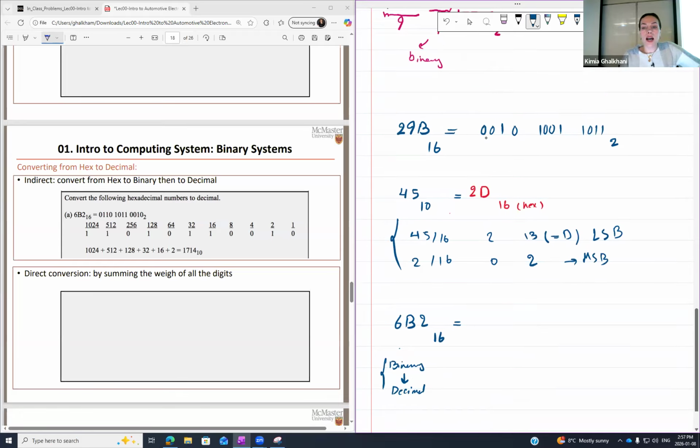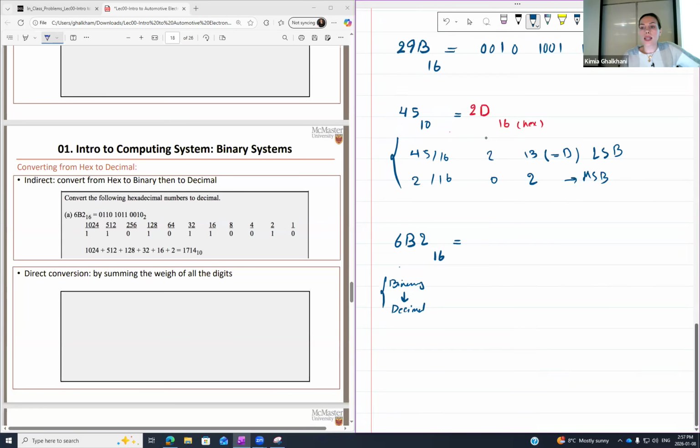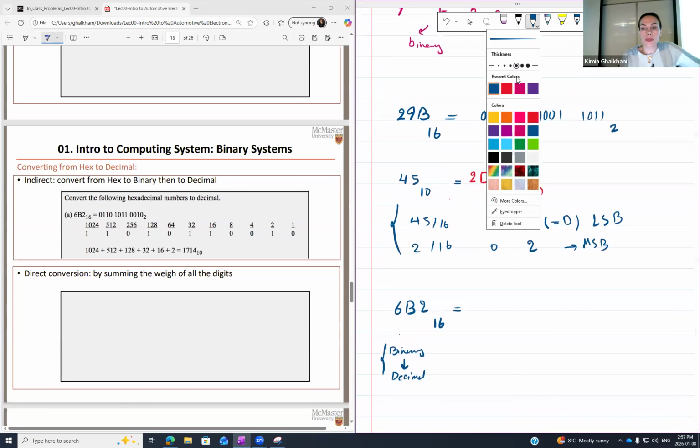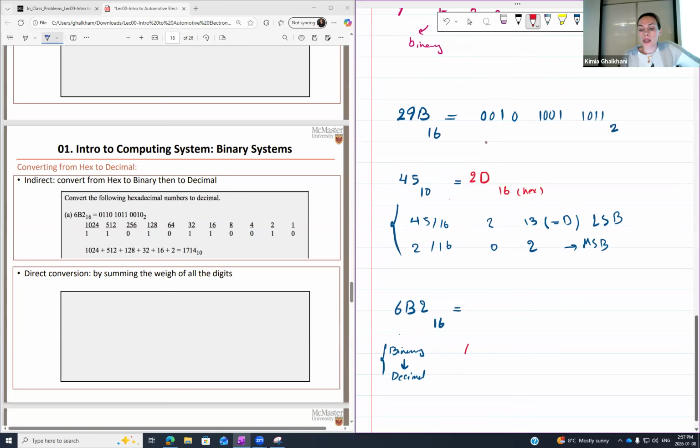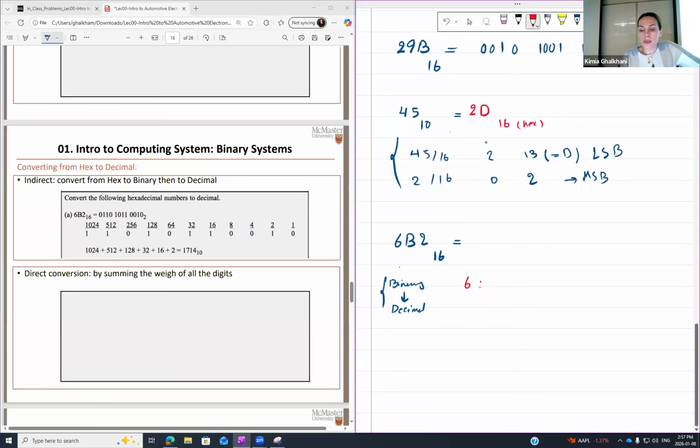What is 6? I'll go back to the table. 6 in binary is 0, 1, 1, 0. I take it and put it down. How about B? What's B in binary?